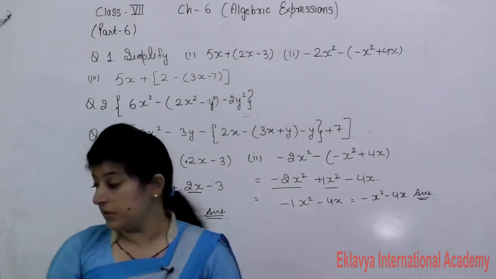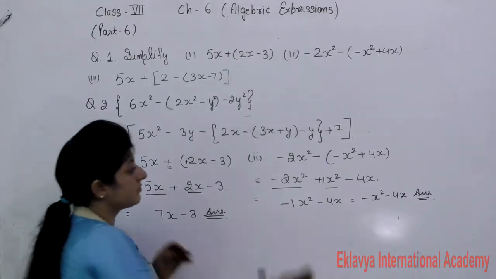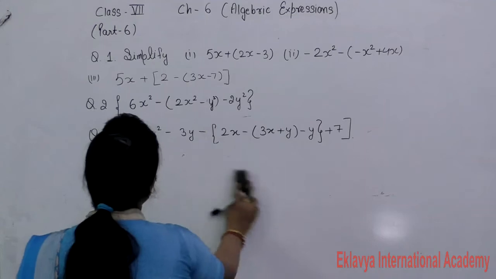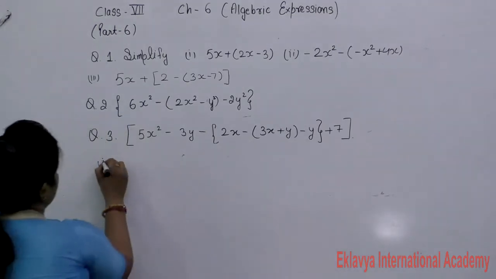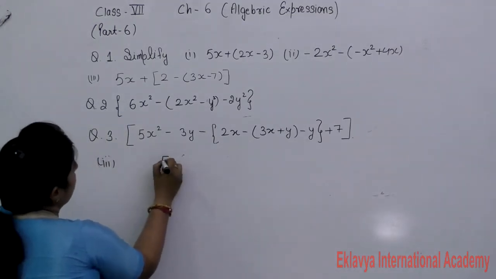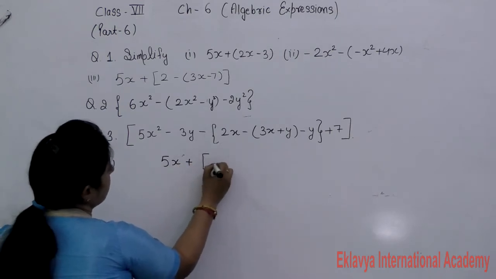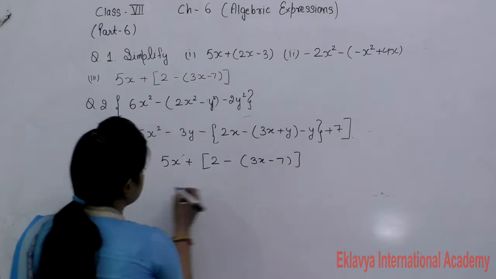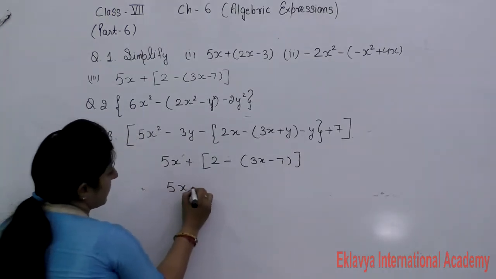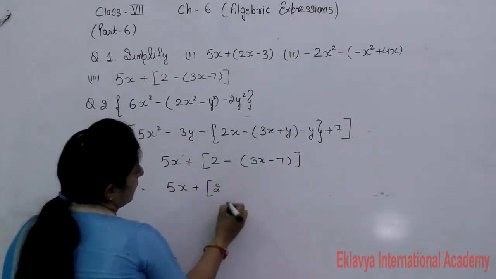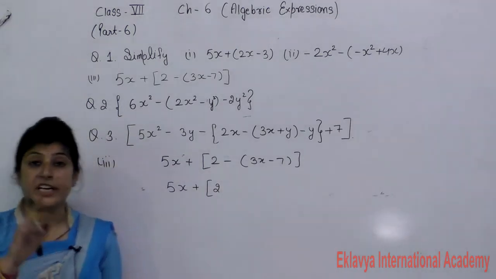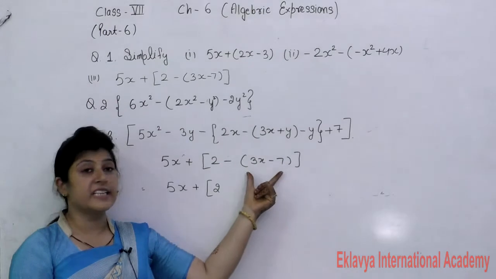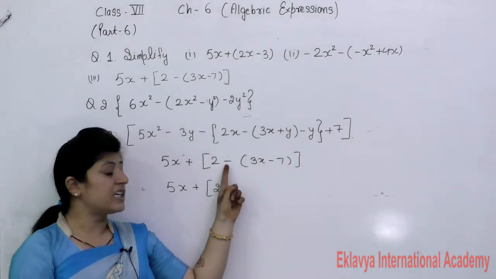See another problem, when we have more than one grouping symbol. Third part: 5x plus, firstly we have a bracket, then we have a parenthesis, 5x plus 2. Firstly we remove the innermost grouping symbol. It means firstly we solve 3x minus 7 here, and here the sign is minus.